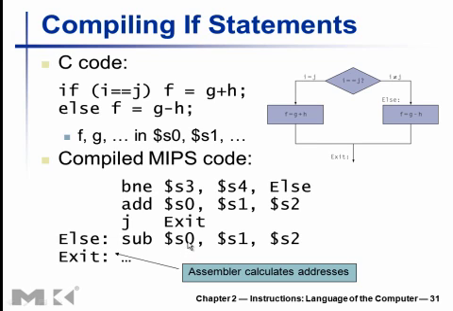S0 stores f, S1 stores g, S2 stores h. So S1 minus S2, and the value is put into S0. On the other side, the then part, if you don't jump, that means S3 is equal to S4. In that case, we want to do the sum of g and h, so here we have the add instruction, add S0, S1, S2.